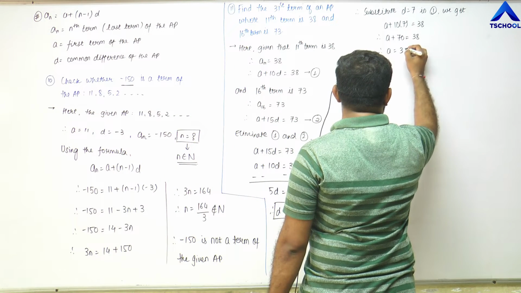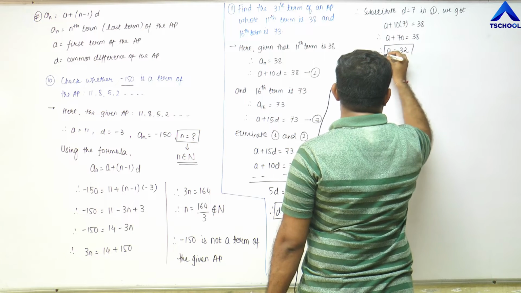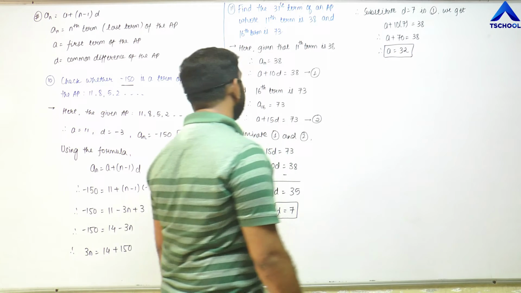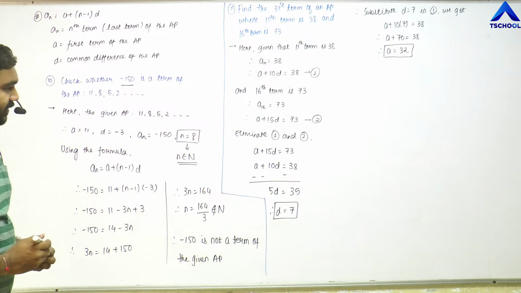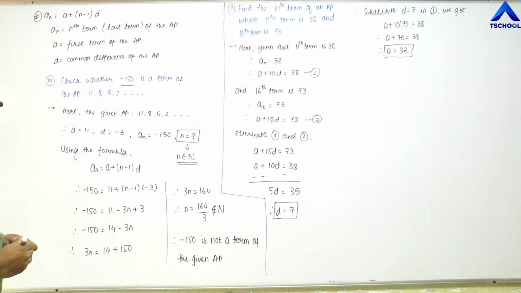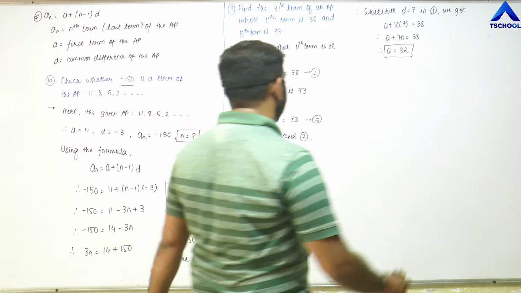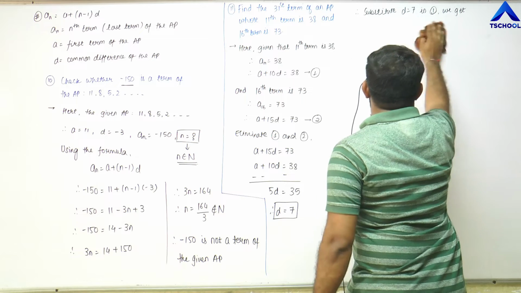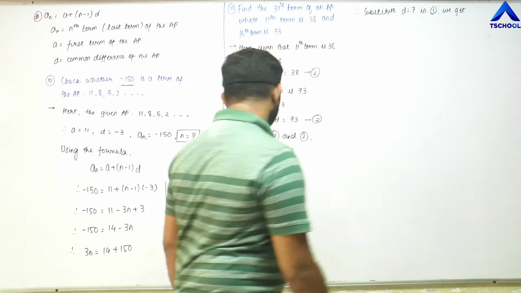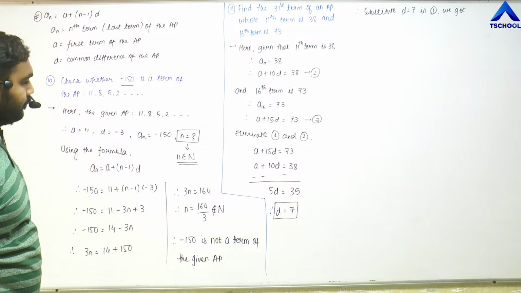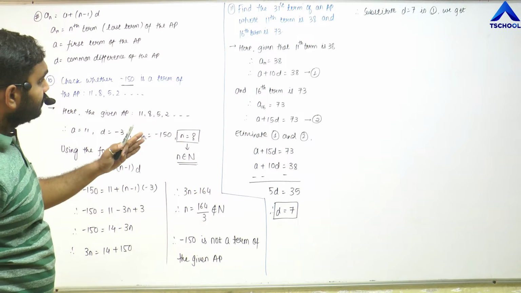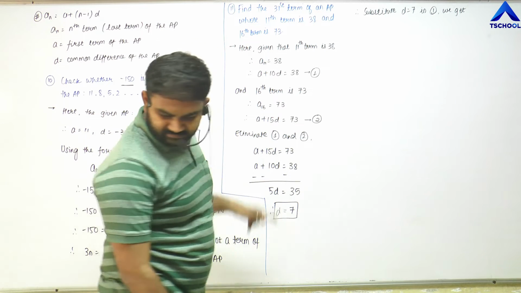So the first term here, A, is 32, and sorry, I think I might have made some mistake. We are not getting the perfect value, because that will become minus here. A plus 15D is 73.